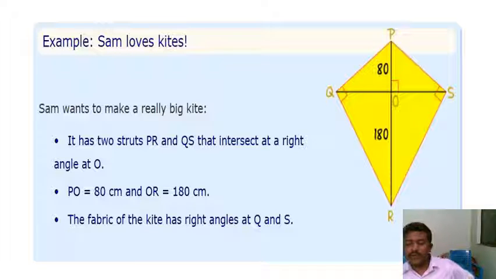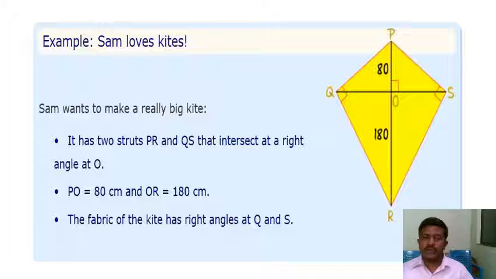So we are going to solve another example. Here is Sam loves kites. So look towards this kite diagram. P, Q, R, S. Is this a kite?